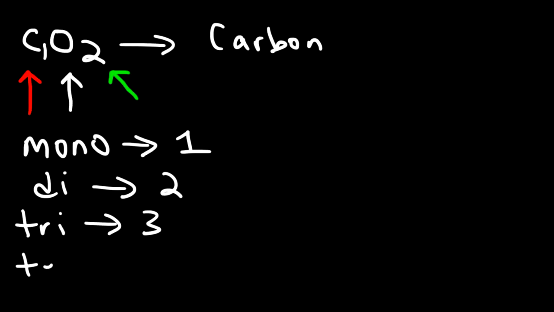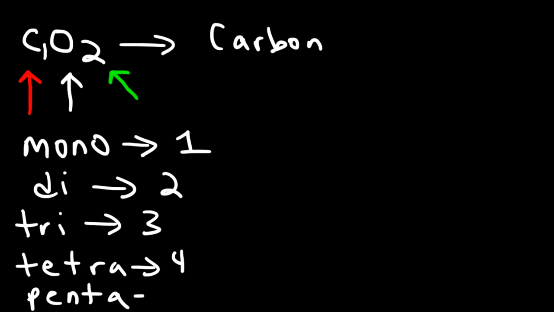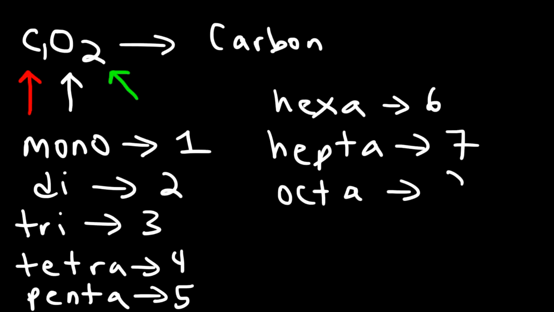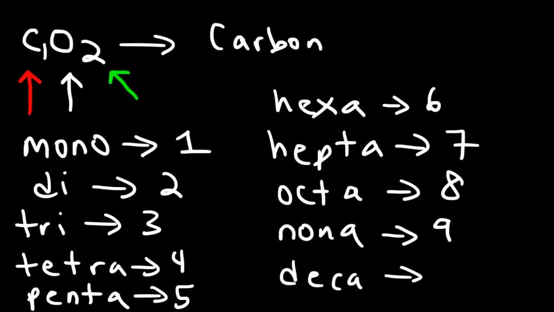And then tetra is equivalent to 4. Penta represents 5. And then hexa is equal to 6. Hepta represents 7. Octa is equal to 8. Nona is 9. And deca is equal to 10.